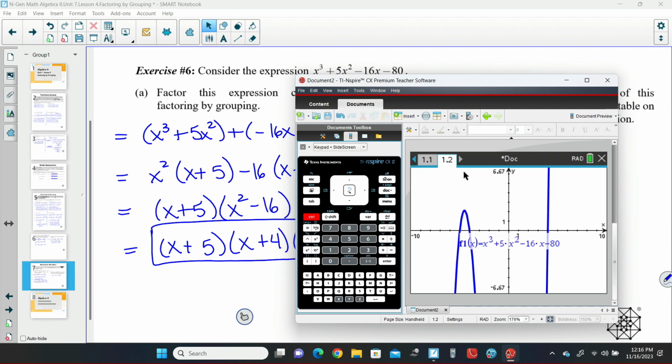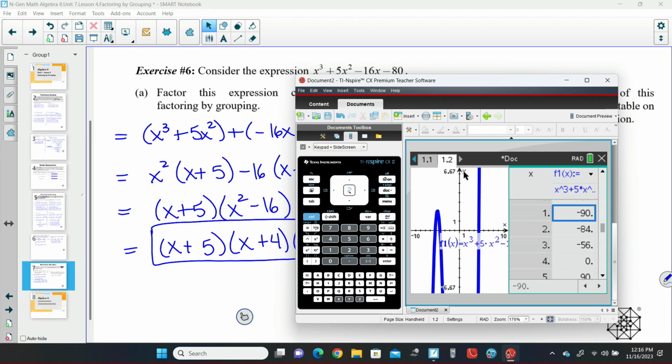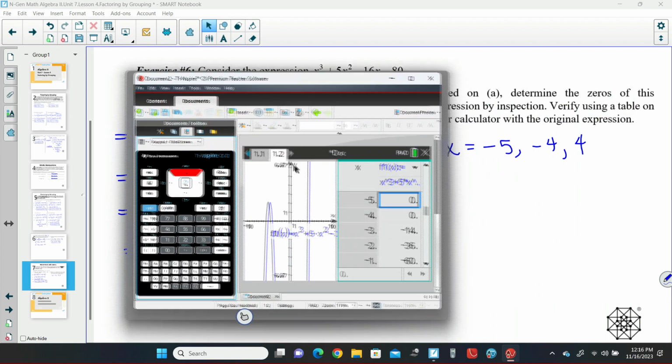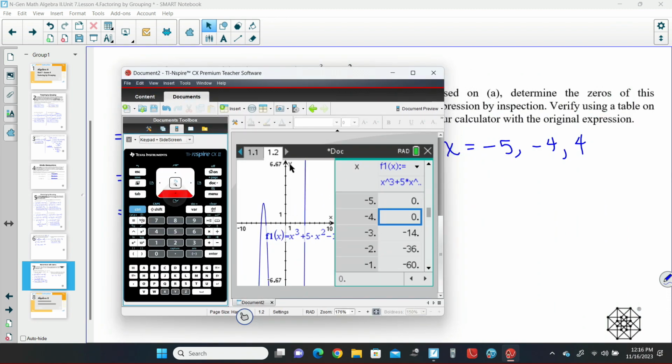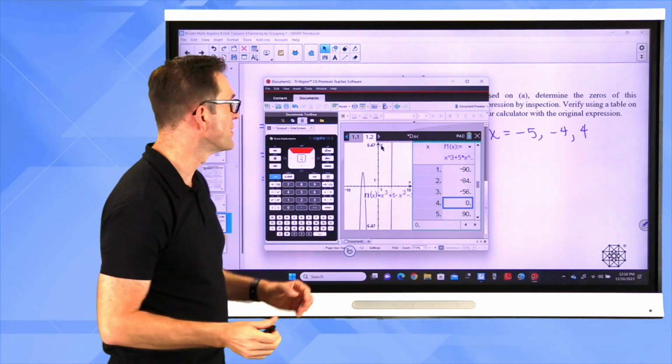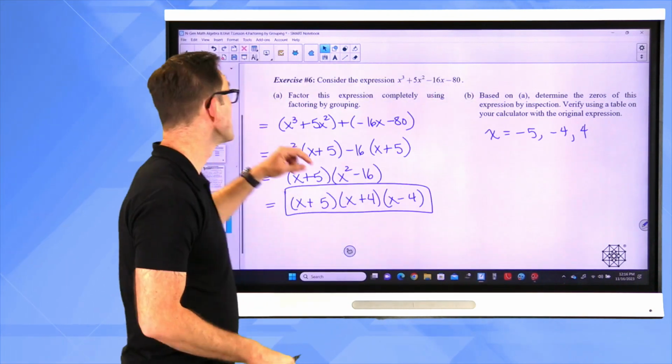Now I'm going to go into my table. And what did I say? I said I had a 0 at negative 5. There it is. I had a 0 at negative 4. There it is. And a 0 at positive 4. And there it is.